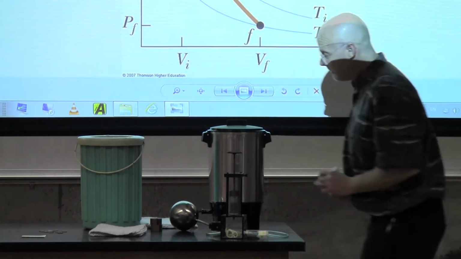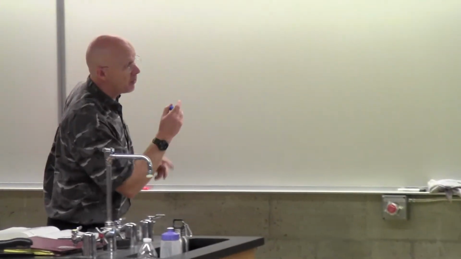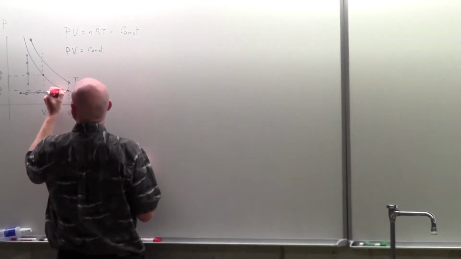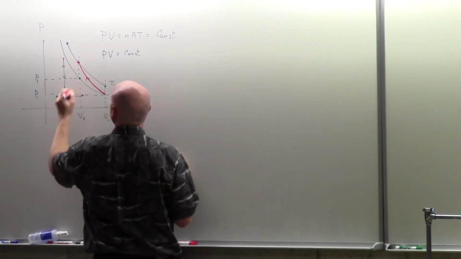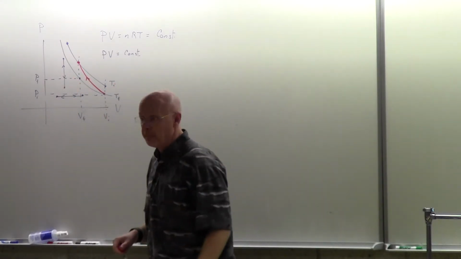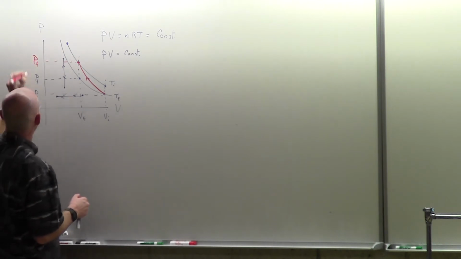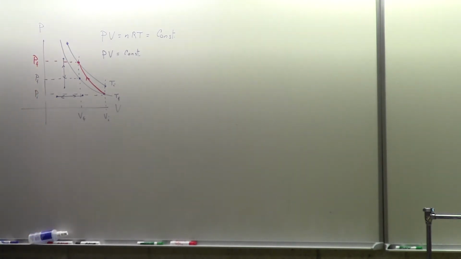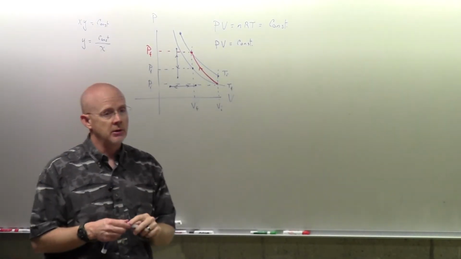But the point is the temperature would go up, and it would look more like that red line on there, or brown line. I'll put it as red, and it would go like that. And so the final pressure would be a little bit higher with an adiabatic compression instead of an isothermic compression.